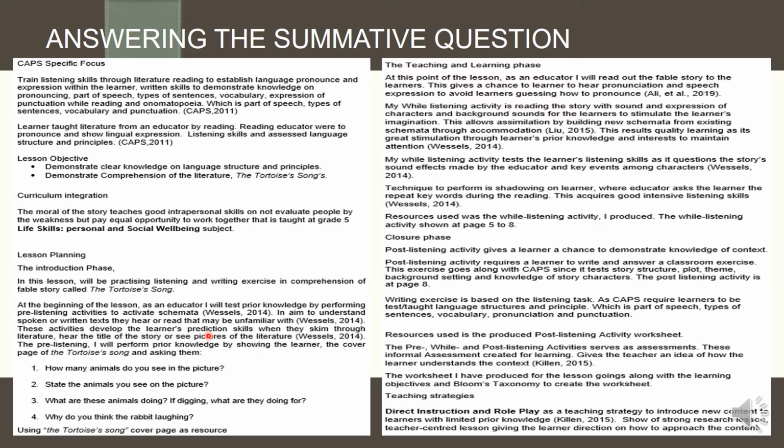We all know that when we looked at CAPS, you always have to start with an activity that helps the child to predict what's going to happen. So for a fable story, it's always recommended to tell them the title of the story, show them a picture of the literature, any picture within the scenes, or better yet, the cover page.